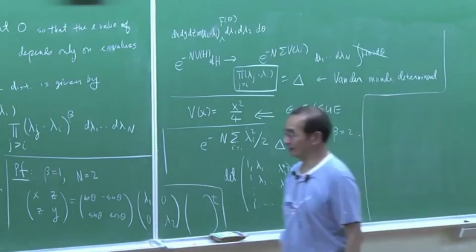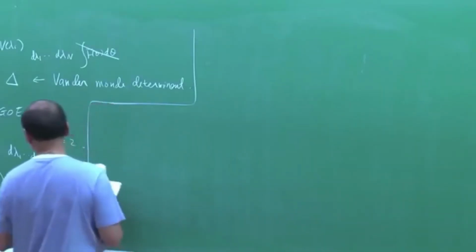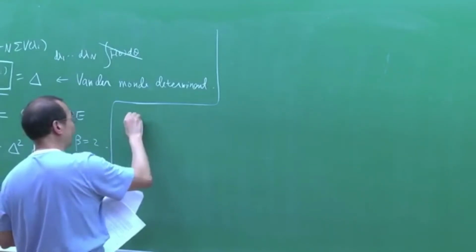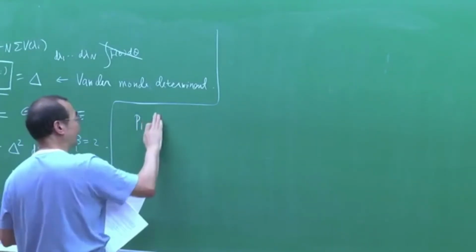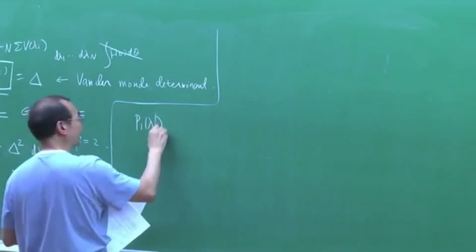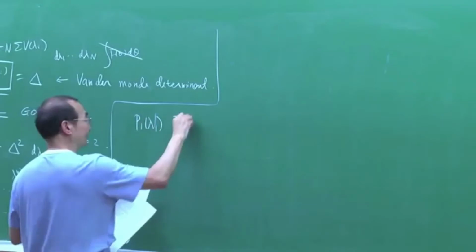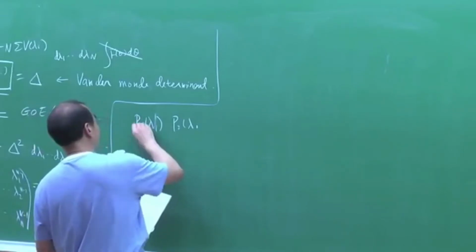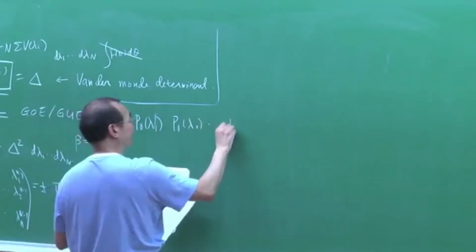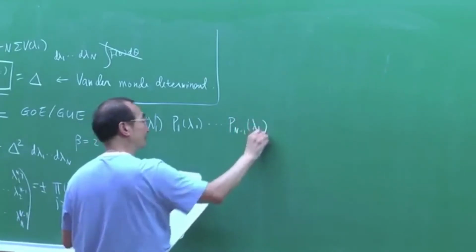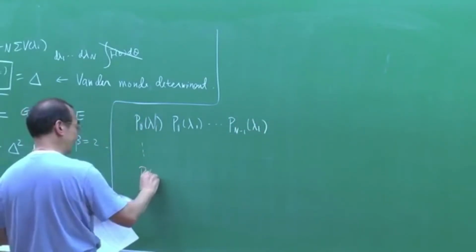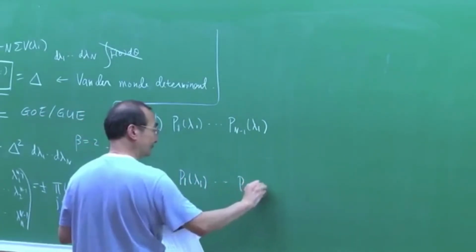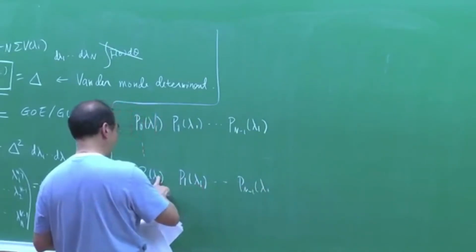So this is the Vandermonde determinant. Instead, I do this: here I consider polynomials P0, P1, up to P n minus 1, evaluated at lambda 1, lambda 2, up to lambda n.